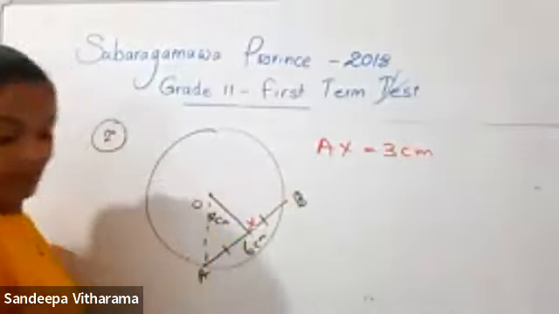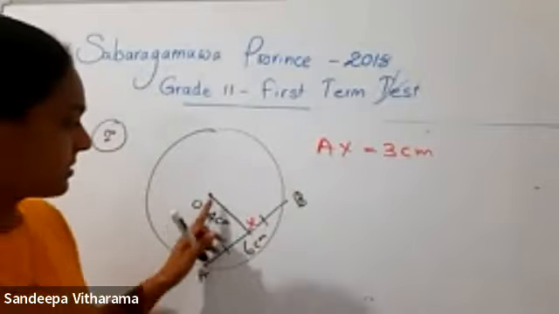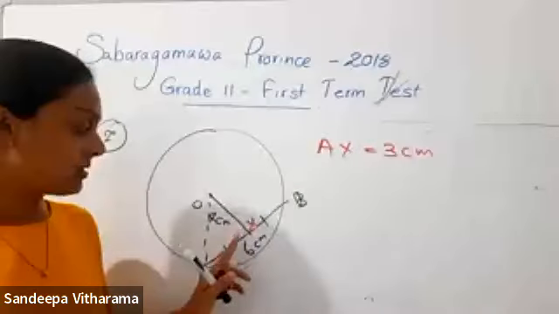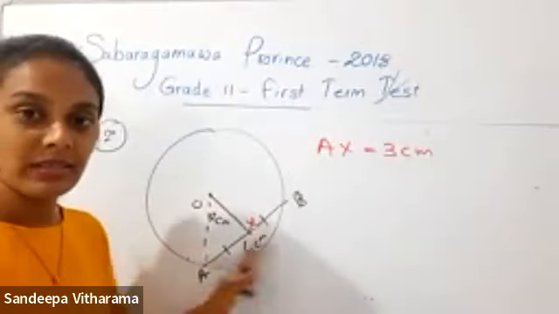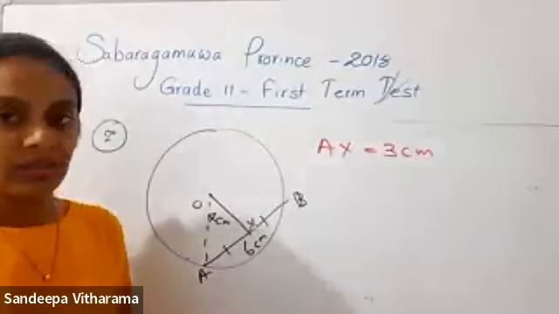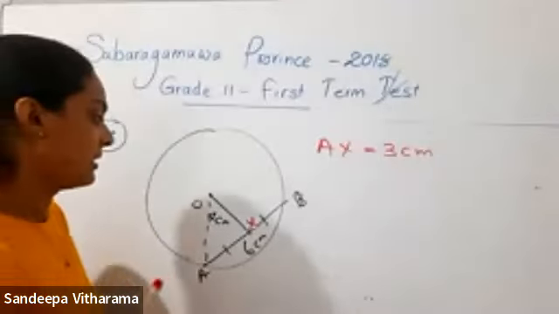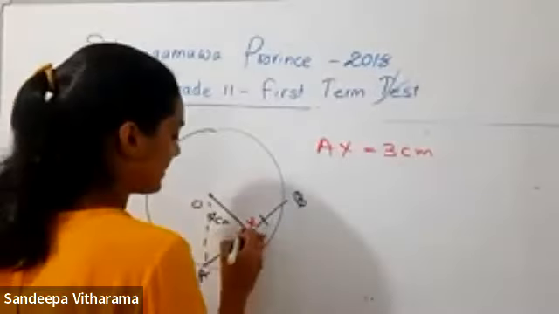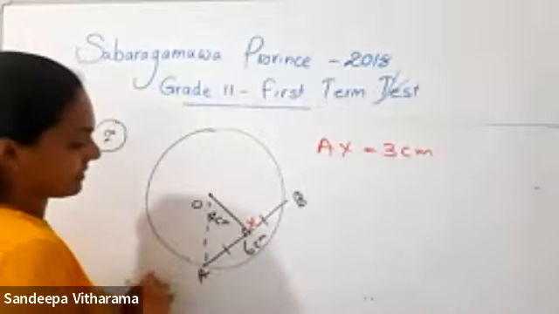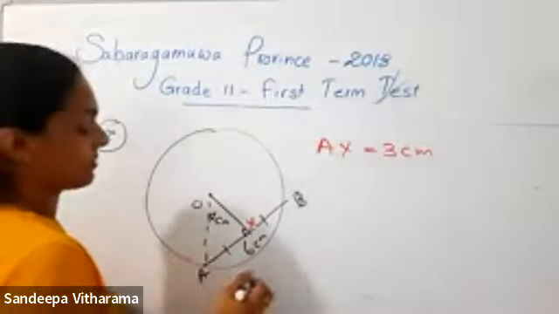The reason is the perpendicular drawn from the center to the chord bisects the chord. Then we can identify this is equal to 90 degrees. Then AX is equal to 3 centimeters.